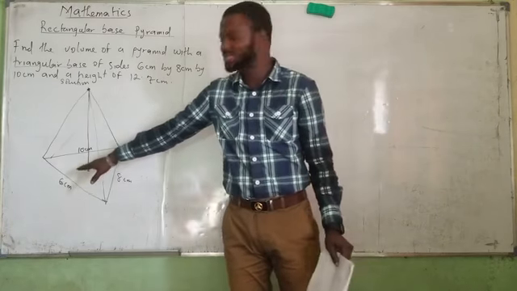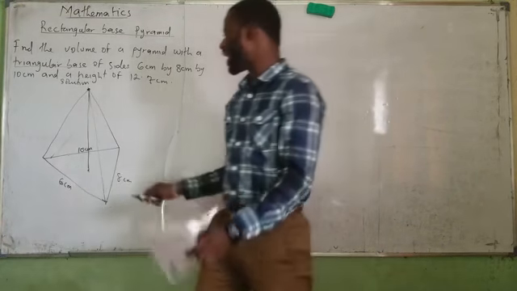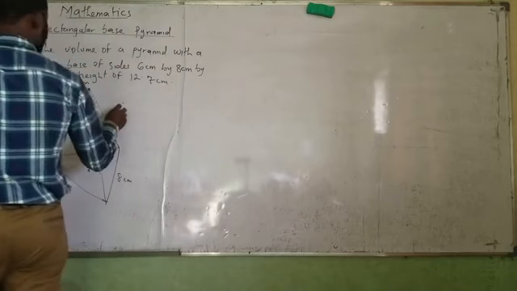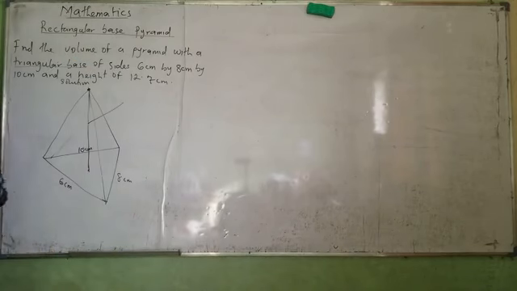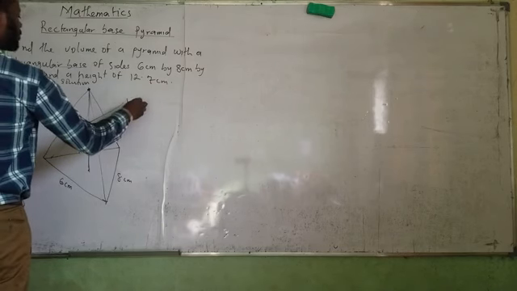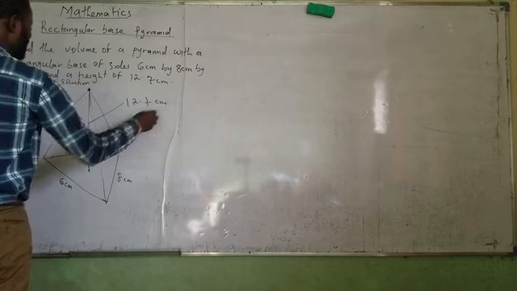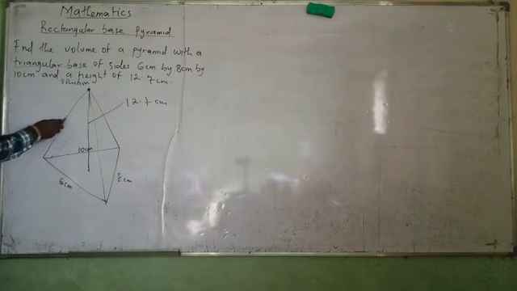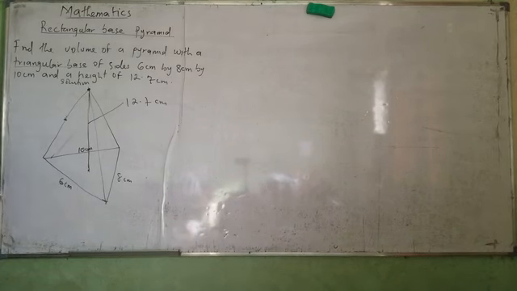This one, all the sides are given. Now, this is the height. The height is given as 12.7 centimeter. It's not the same thing as slant height. This is the slant height, and that's not a slant height.